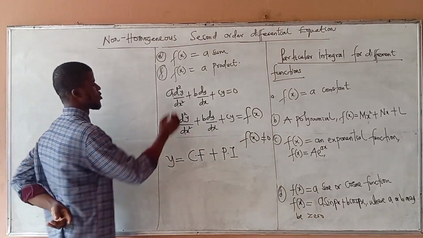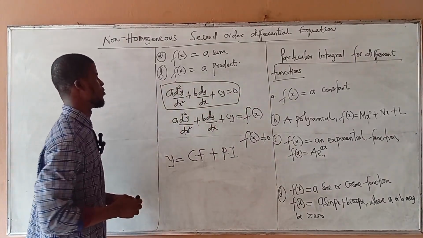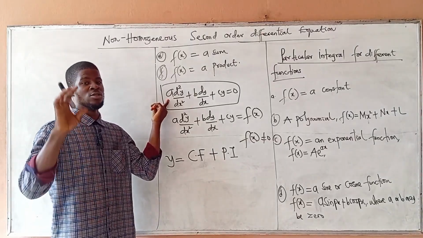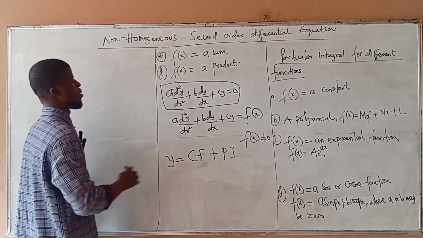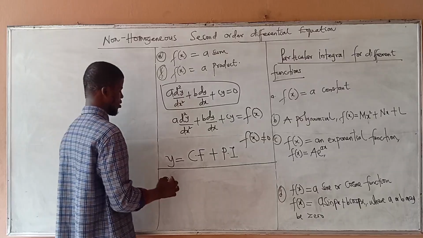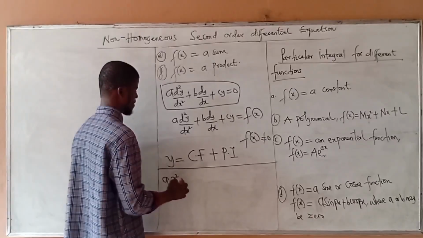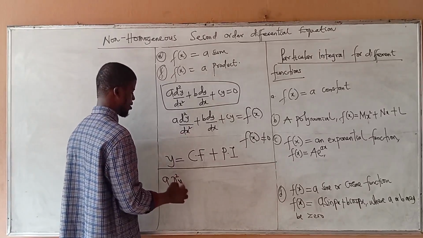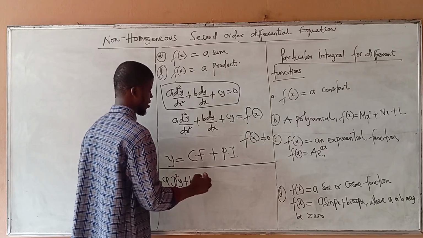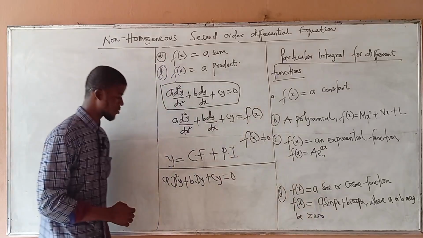If I solve this differential equation, what we normally do is reduce it into the D operator form. It will be a D² y plus b D y plus c y equals 0.